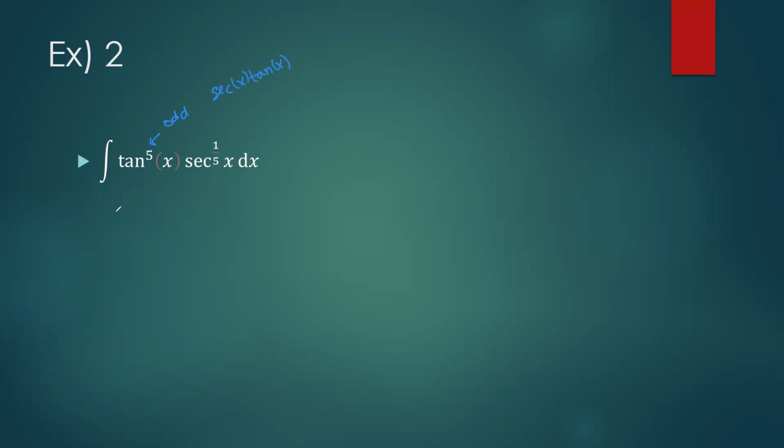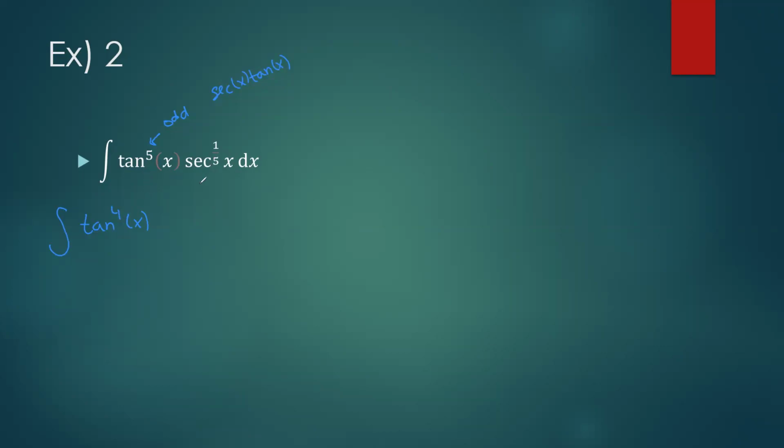Okay, so that's what I'm going to do. So I'm going to rewrite tan fifth of x as tan fourth of x because I'm factoring out a tan.